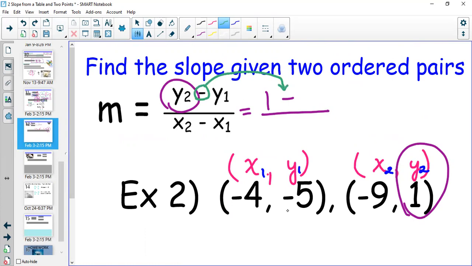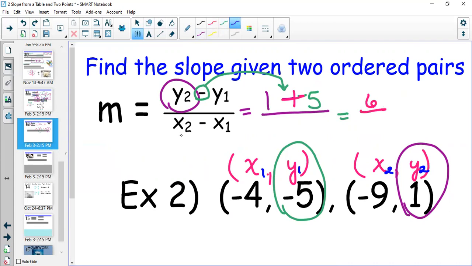And then I have y1, which is also negative. So I have a subtraction sign, but I also have to put the negative there for my y1. So it's going to come up with that double negative, which I know turns into a big positive, or a giant plus sign there. So 1 plus 5 is going to give us 6.